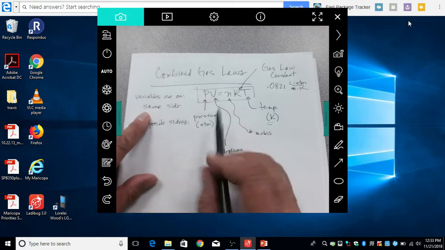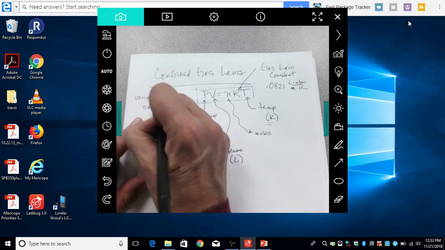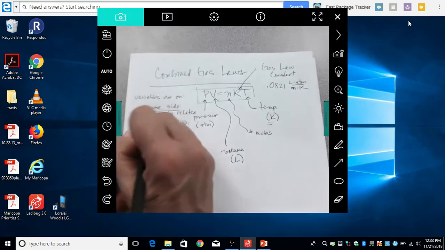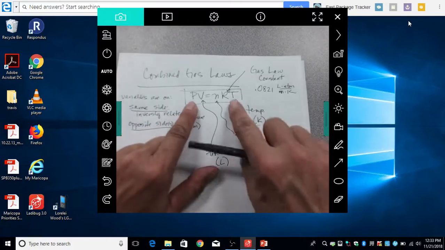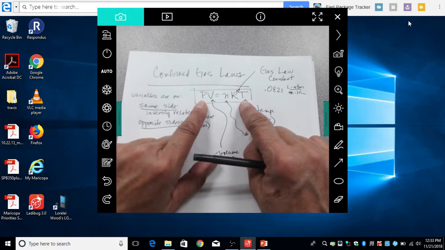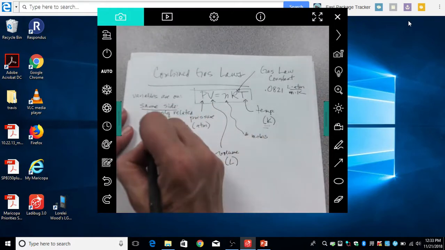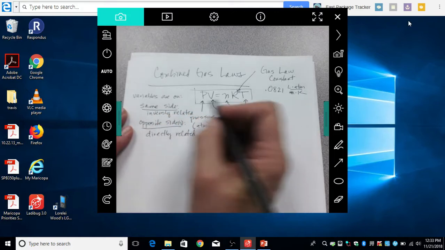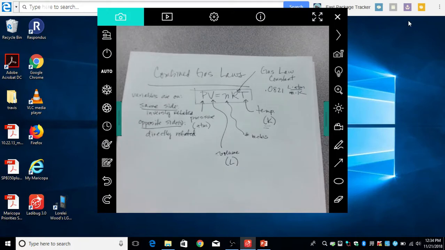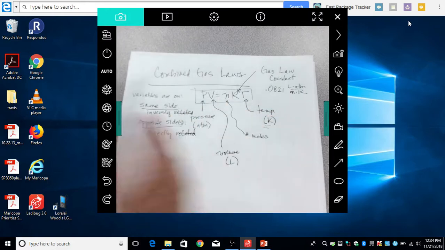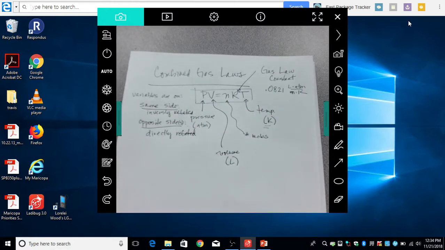So if they're on the same side, they are inversely related. If they're on opposite sides, say, for example, pressure and temperature, if I increase the temperature, what's going to happen to the pressure? It's going to go up. So they are directly proportional. I should probably use proportional, that's a better science term than related. All right, so if you can remember this formula and those two ideas, you can do any of the gas law calculations in this entire chapter.